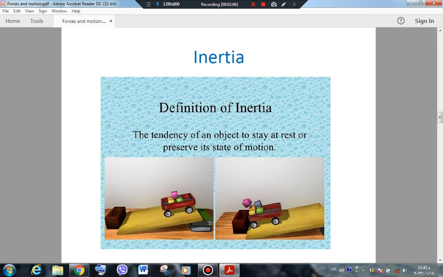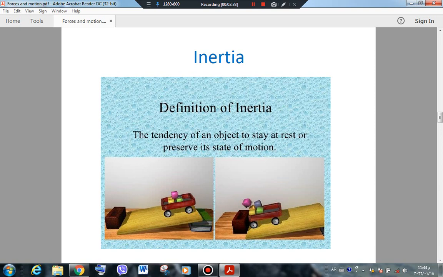If I say why, you say it's because that car is heavy. Actually, that's true, it's heavy, but there's something that makes that car heavy. It's because of its mass, or its weight, or both of them, or there's something else. We know that we have gravity. Gravity pulls everything, or gravity tries to attract everything towards the earth.